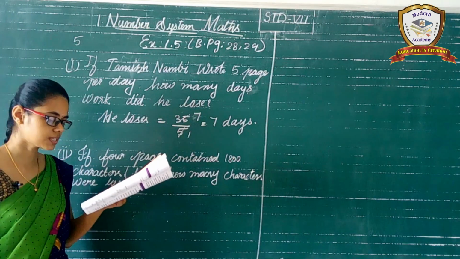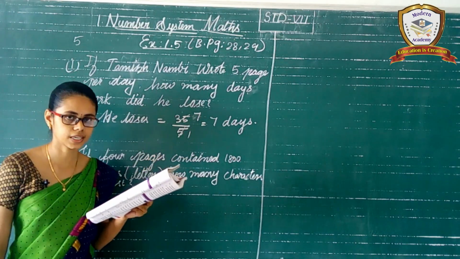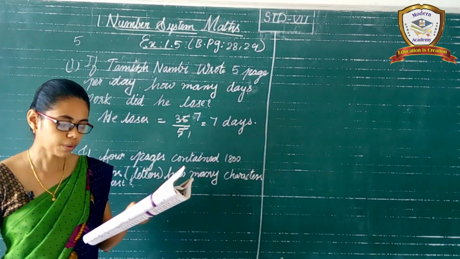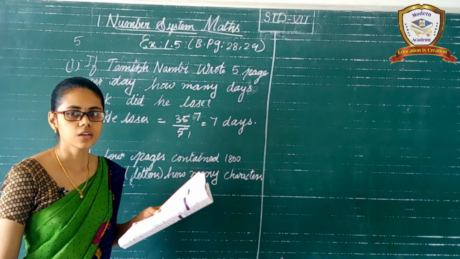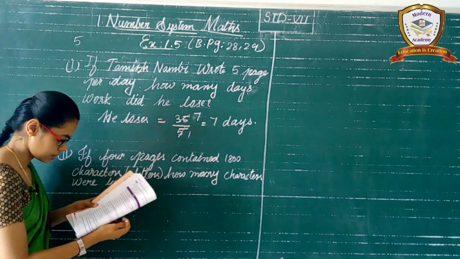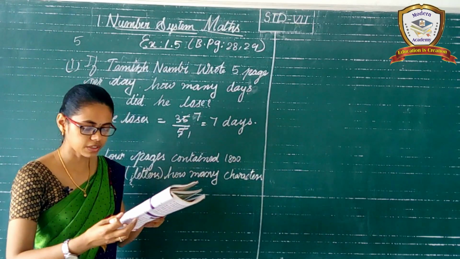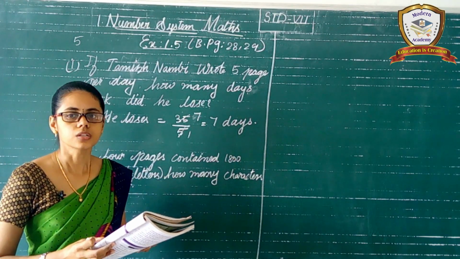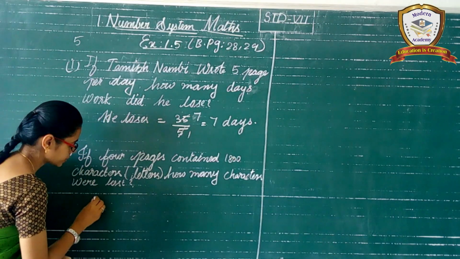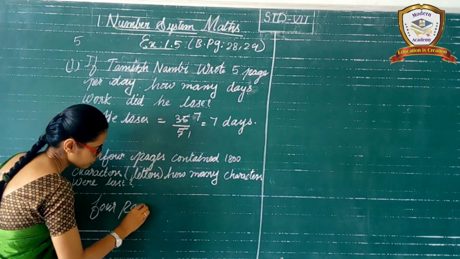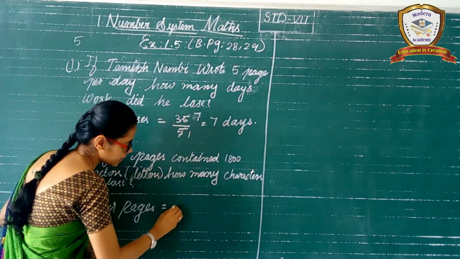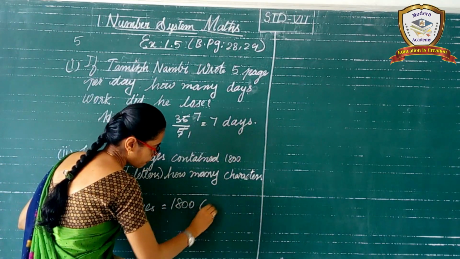If 4 pages contain 1800 characters, how many characters were lost? Total pages lost is 35. So first of all you want to write here: 4 pages, how many characters? 1800 characters.